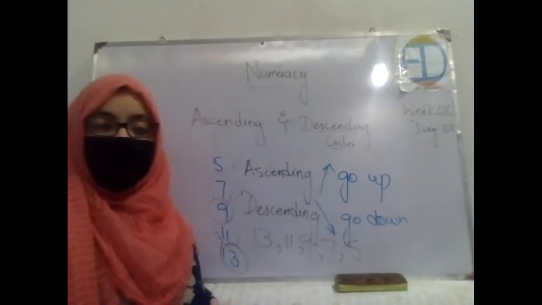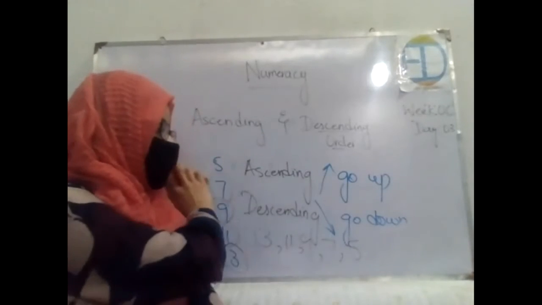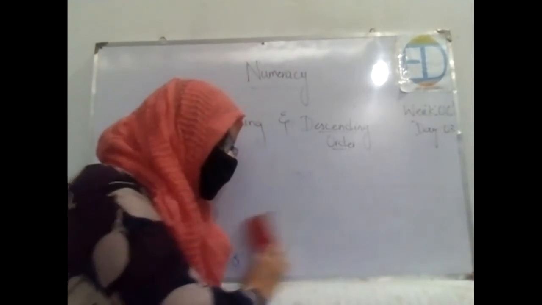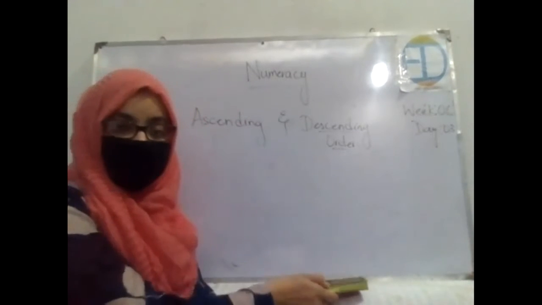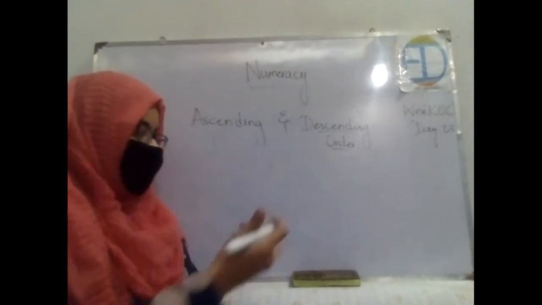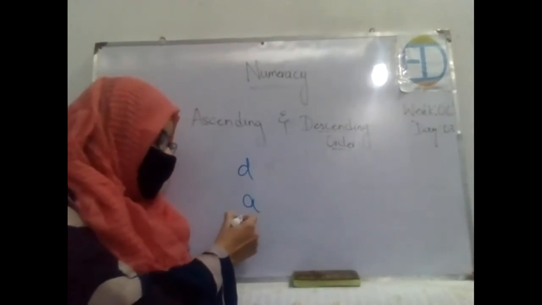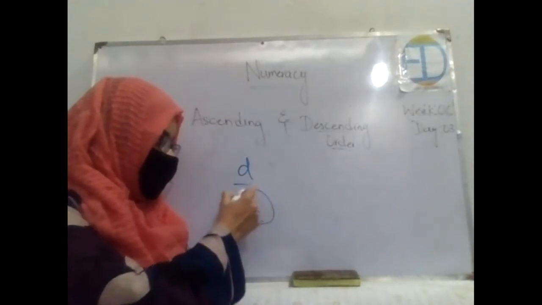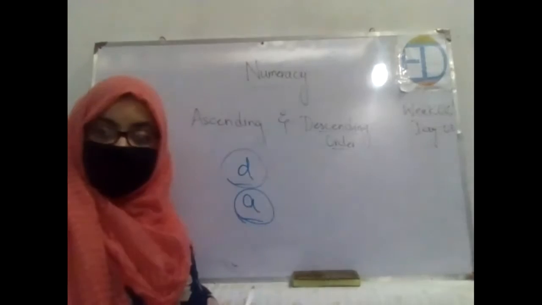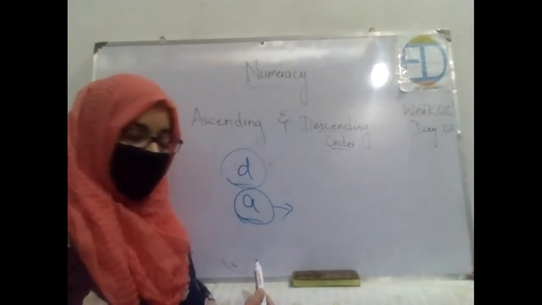How many of you get confused between ascending and descending, or forget whether you should start writing from the highest number or from the lowest? There is a simple tip for you. If you look at these alphabets, A comes before D in the English alphabet, right? So A is the smaller one.